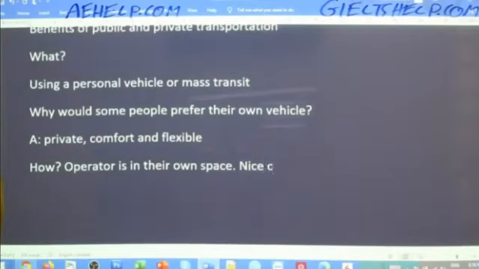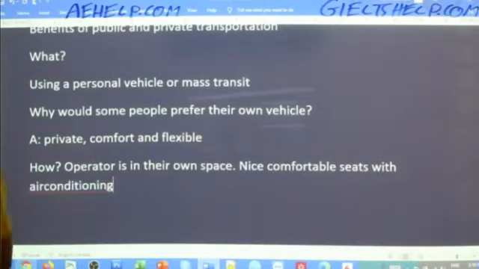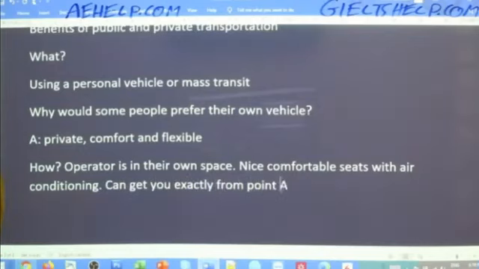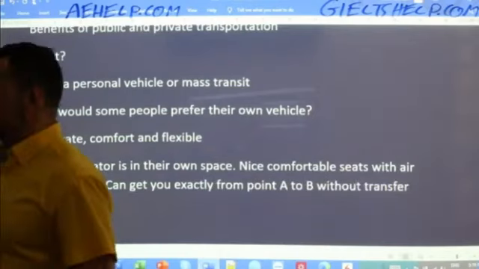Nice, comfortable seats with air conditioning. Obviously you don't have to write these out during the exam, but you do have to think about it. And it can get you exactly from point A to B without transfer. So that would be the how.